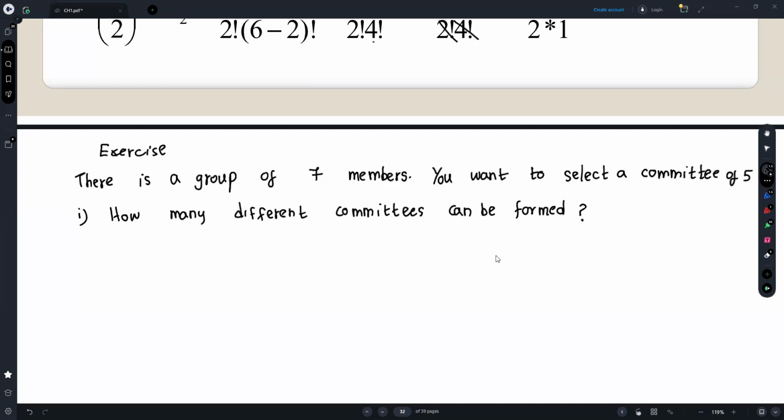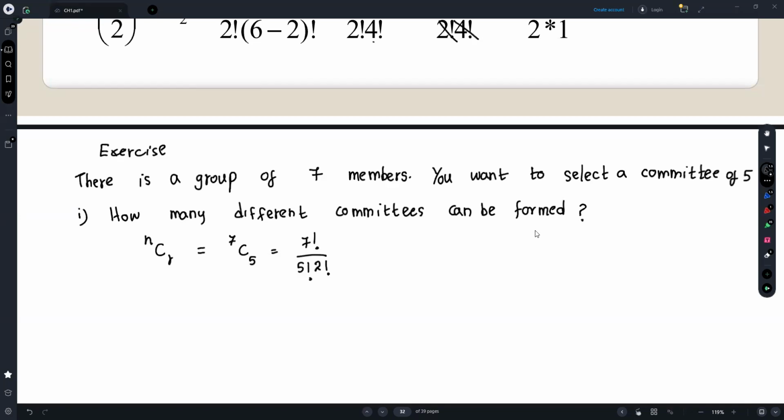So this is going to be nCr, right? What is n? What is r? You have to do 7 choose 5, right? It will be 7 factorial over 5 factorial, 7 minus 5, 2 factorial. Now you should be able to see the pattern here.